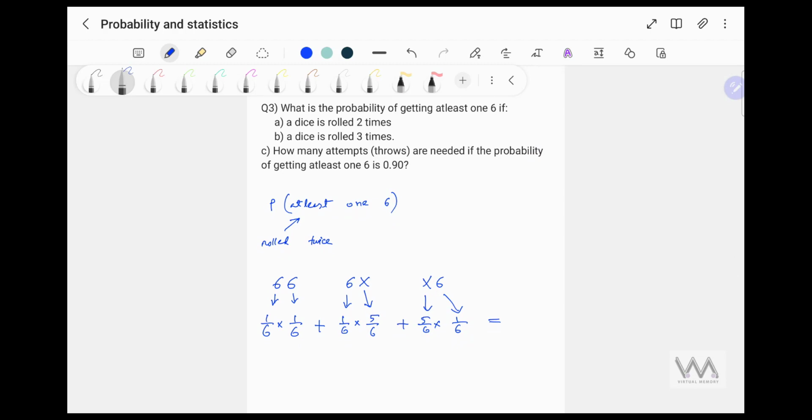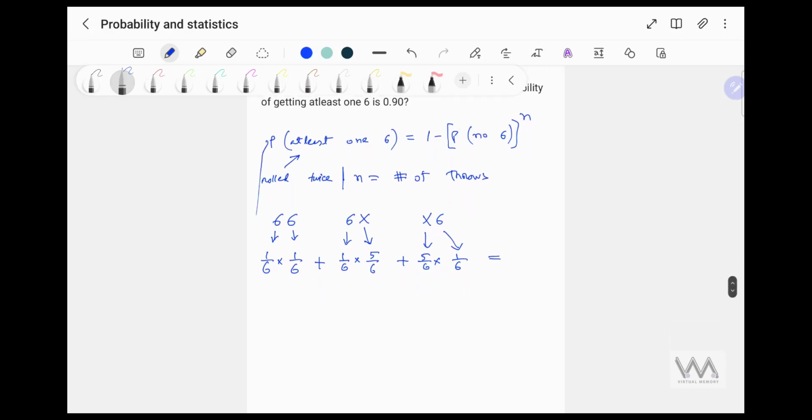So the probability of at least one 6 would be 1 minus the probability of no 6, to the power n, where n is the number of throws.